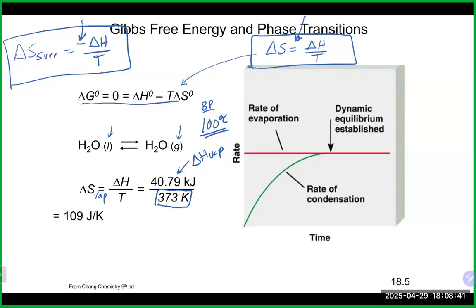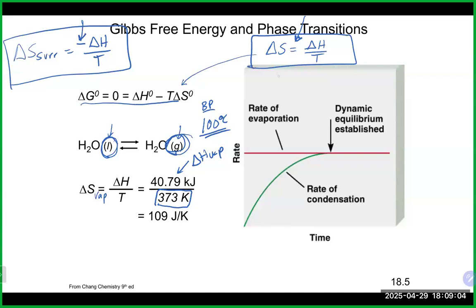If we do all that, we end up with a delta S of vaporization of 109 joules per Kelvin. That makes sense because we're going from a more ordered state to a more disordered state, and we would expect the delta S here to be a positive value.